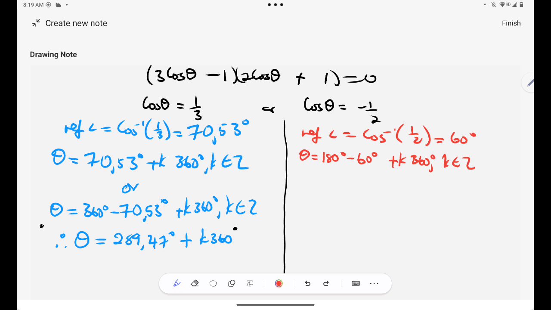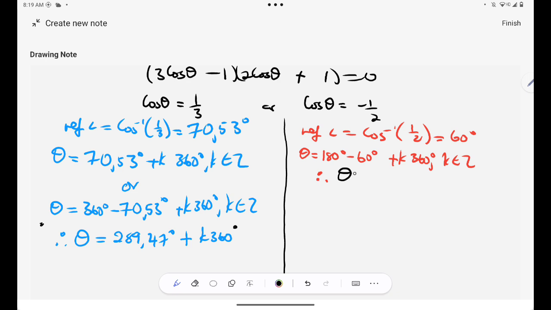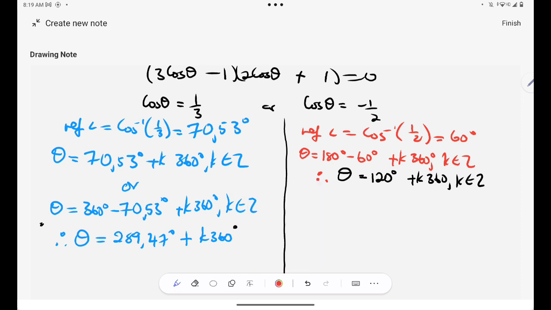Are you together? So therefore my general solution is theta is equal to 120 plus k 360, where k is an integer, in the second quadrant.